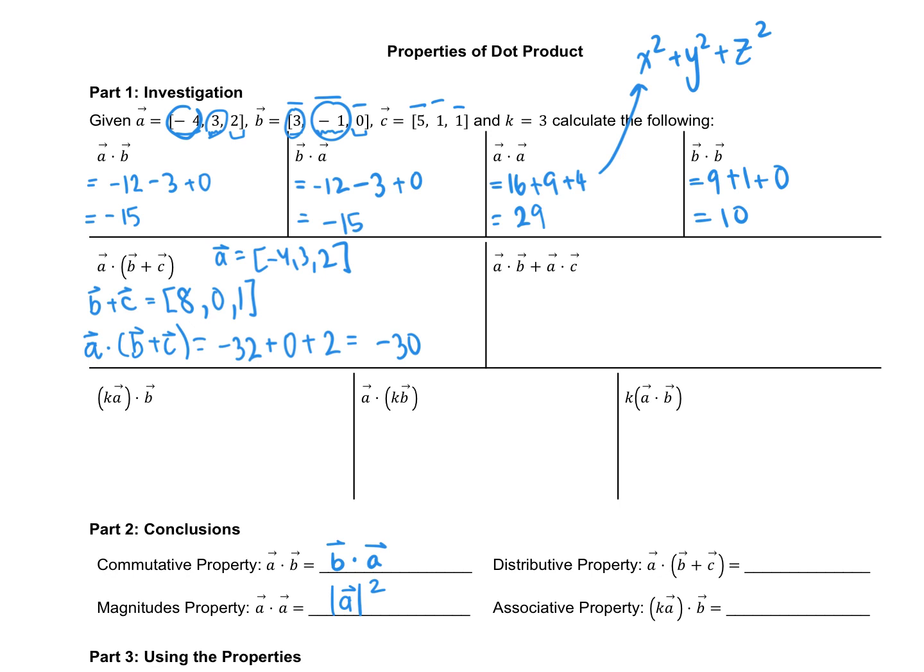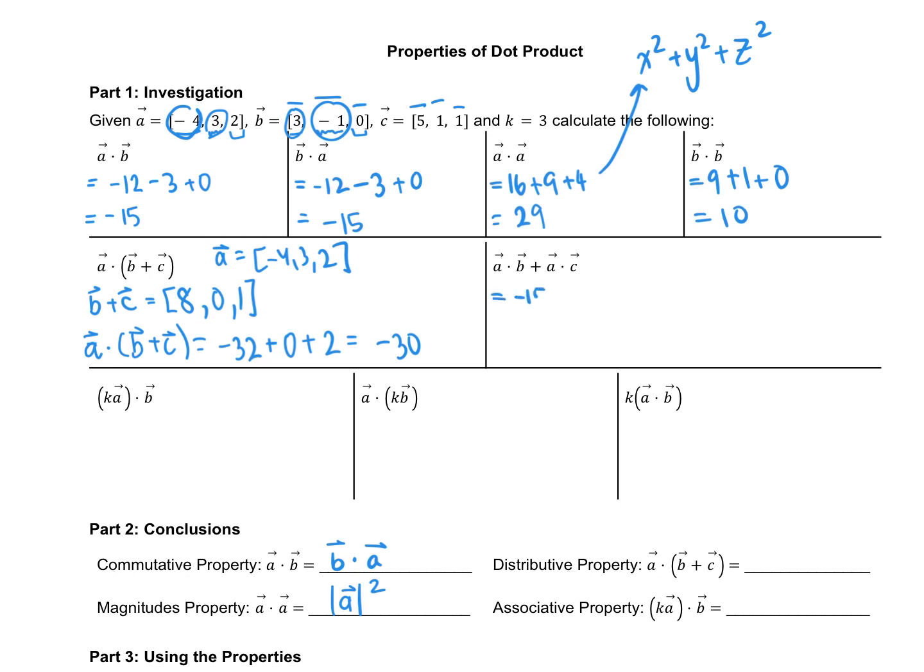For the next one, we're going to take the dot product of A and B, which we already have. We already know that that's -15. And we're going to also take the dot product between A dot C, and then we're going to add those values together.